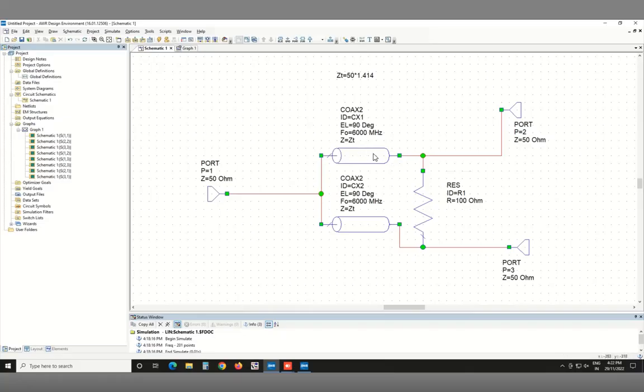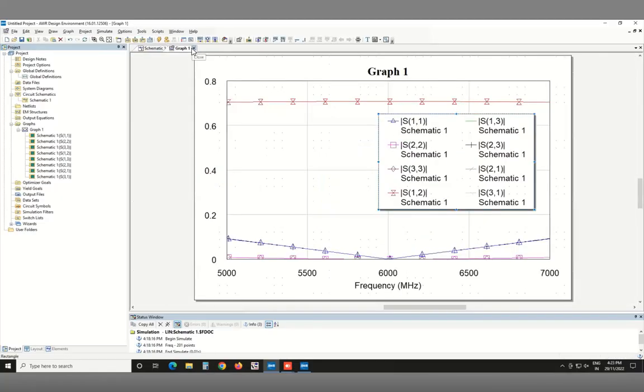So the only frequency dependent component here is the transmission line. And it's playing a bigger role for port 1's matching condition as opposed to ports 2 and 3 because of the resistor being right at the mark. So that's basically the complete picture here. But yes, what you said, Panya, is mostly correct.